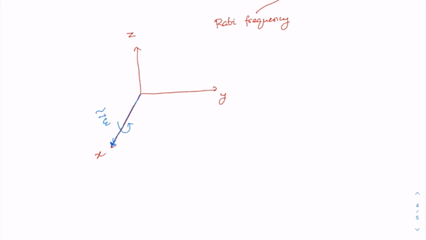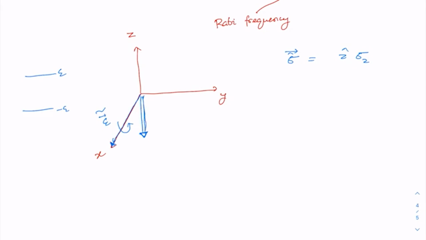Let us say initially the two-level system is in the ground state, that is, it is pointing along the negative z-axis, because the Pauli vector has components sigma x, sigma y, sigma z. Now it is directed along z, so it has only the z component, and if it is directed along the negative z-axis, it is therefore in the ground state. This is the situation we have.